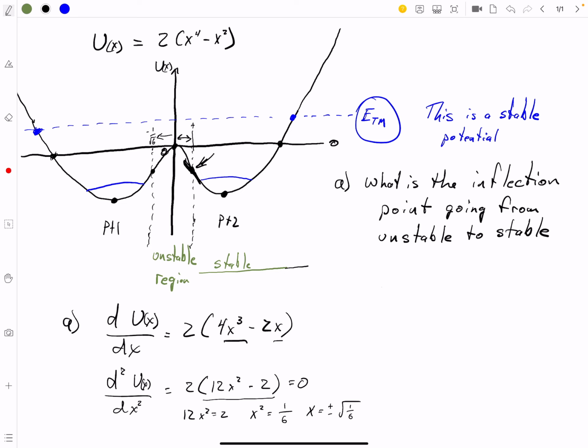Point 1, the most unstable point in the middle at 0, and point 2. So really what we want is the first derivative equal to 0, and that's this right here. So let's solve that equal to 0 to get points 1 and 2.